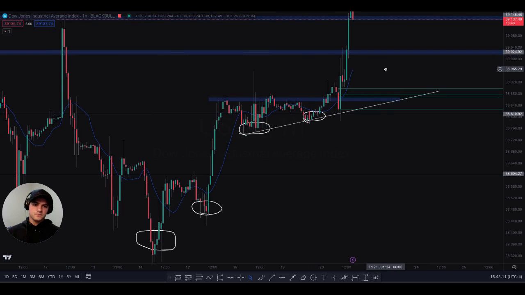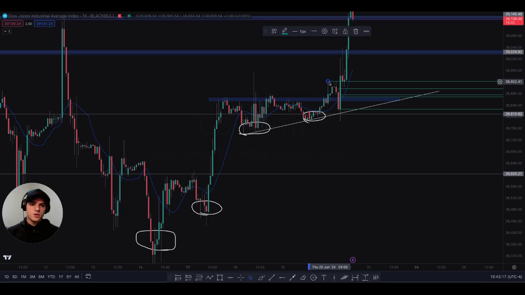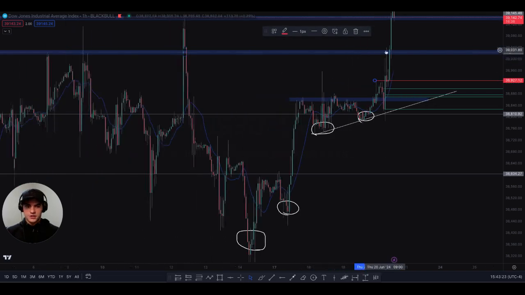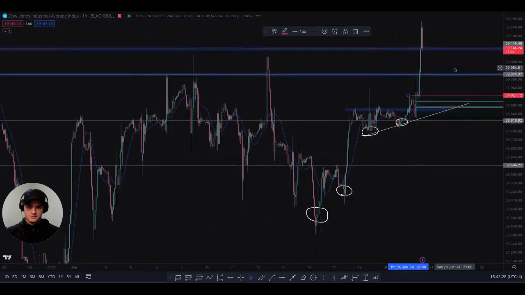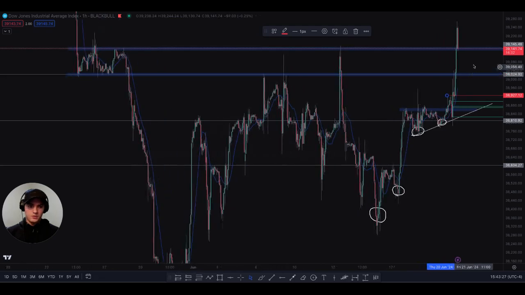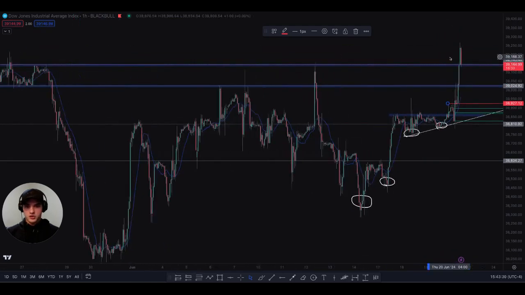All right, so once price started to come up, I basically had the first area that I needed to break, which was this high over here, because if price broke this high, it means we're going for this other area over here on the left that it respected from my previous trades also.